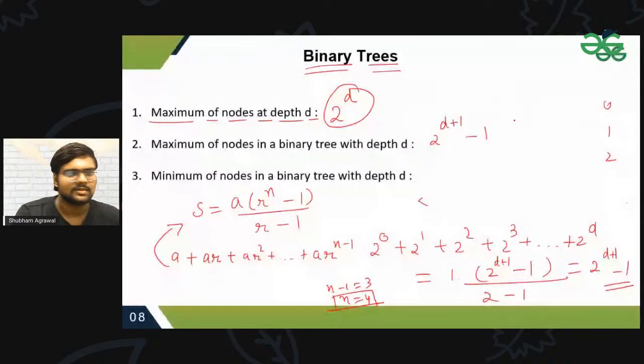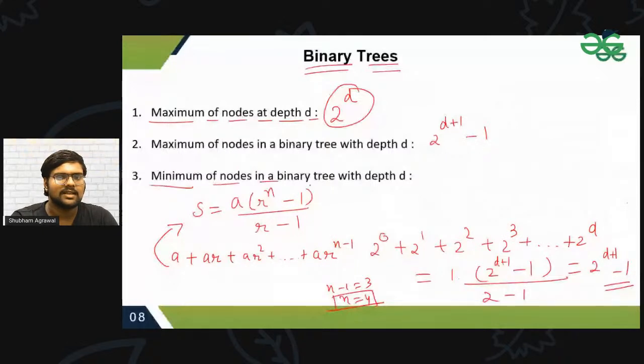Now the minimum number of nodes in a binary tree with depth d will be, if each level has only one node, at levels 0, 1, 2, up to d, so the number of nodes will be d plus 1.